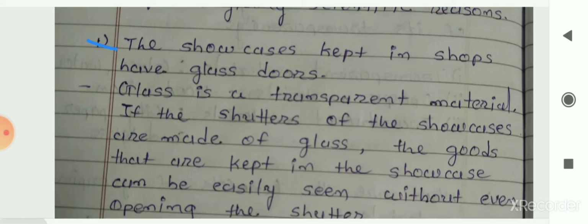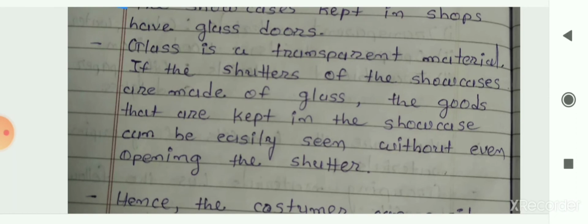Why? The reason is that glass is a transparent material, and if the shutters or the doors of the showcase are made up of glass, the goods that are kept in the showcase can be easily seen without even opening the shutter.